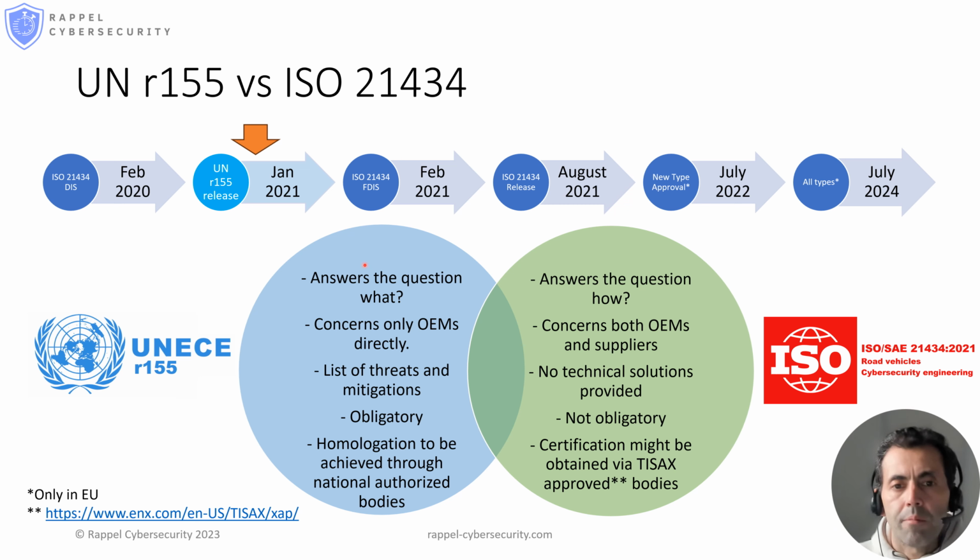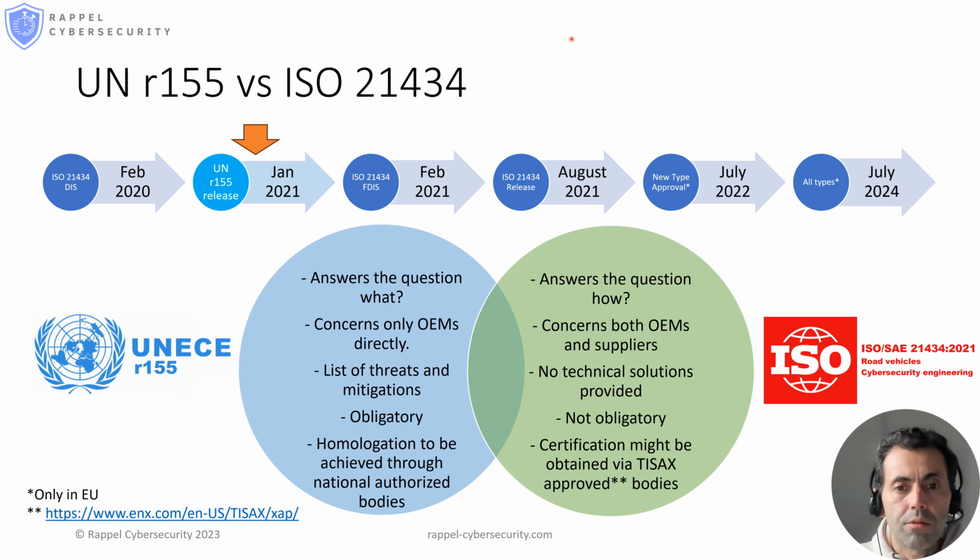The Venn diagram below shows certain similarities and differences between the UNR 155 regulation and the ISO 21434 standard. For sure, they have a lot in common. Nevertheless, the objectives of these texts are greatly different. UNR 155 describes what is required for cybersecurity homologation, and this is definitely mandatory for OEMs.